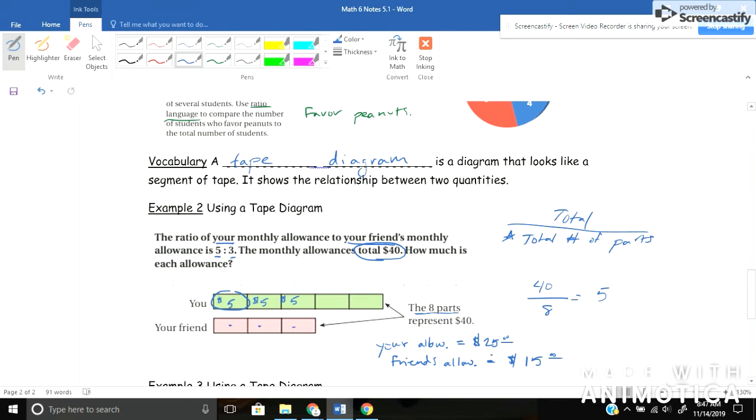Now, if you were to take 25 over 15 and simplify it, let's do that. What is a common factor between these two? Well, 5. So 25 divided by 5 would be 5, and 15 divided by 5 would be 3. You get back to that original ratio that we had. Okay.